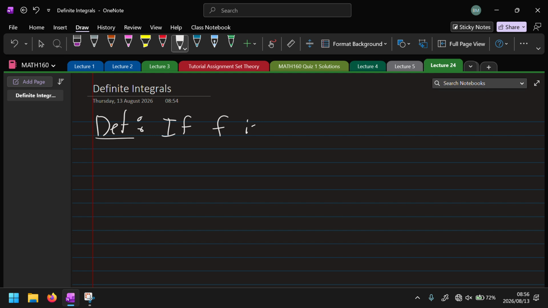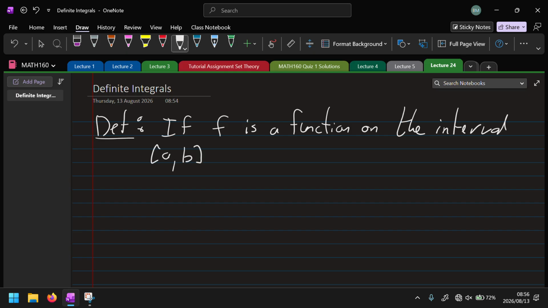If f is a function on the interval AB. For now, we're going to assume f is any function. I'm just saying a function. Later on, we will look at specific cases of continuous functions, differentiable functions, and so on.